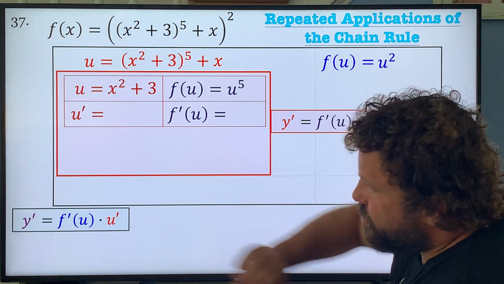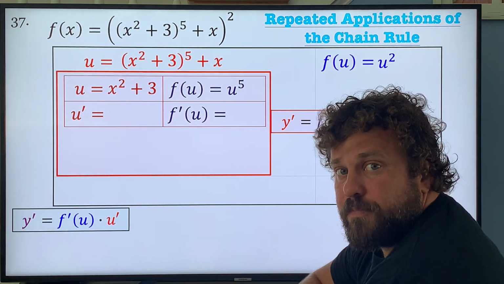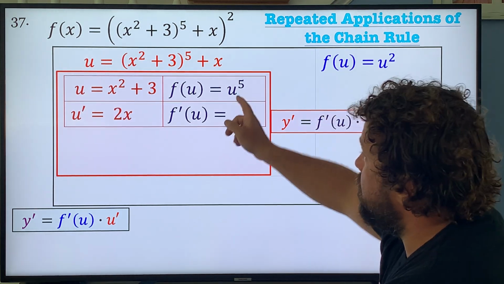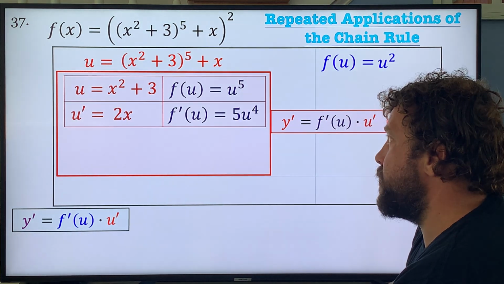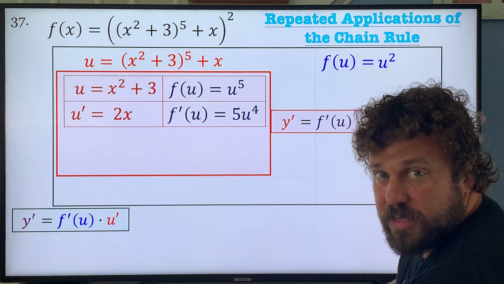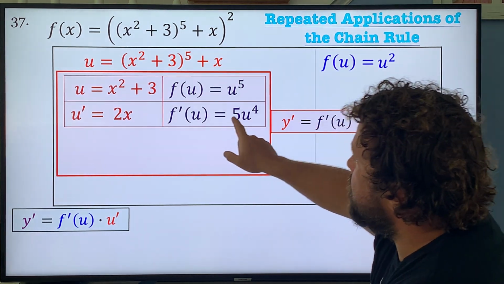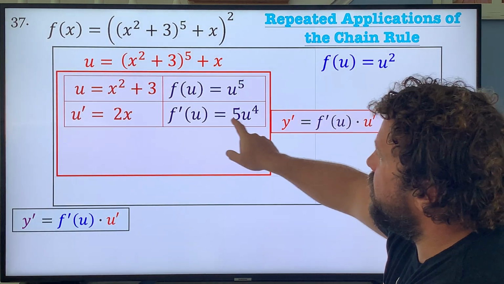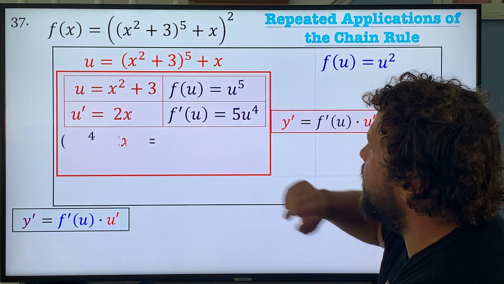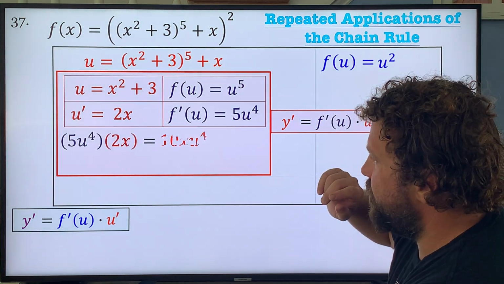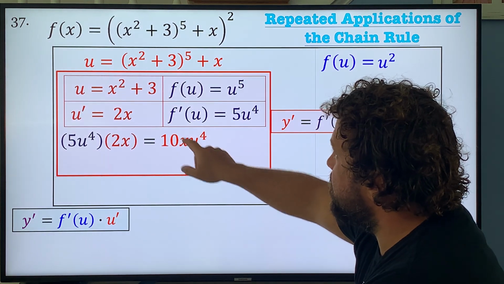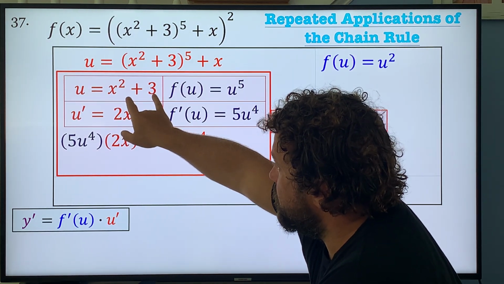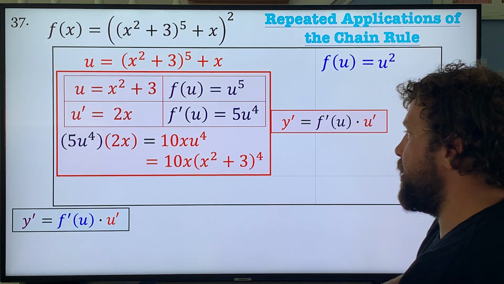So, x squared plus 3, 2x. U to the fifth, 5u to the fourth. Follow me still? 2x times 5u to the fourth. 2 times 5 is 10x, u to the fourth power. 10x, you're using this u, because we're still in this problem, x squared plus 3 to the fourth power.